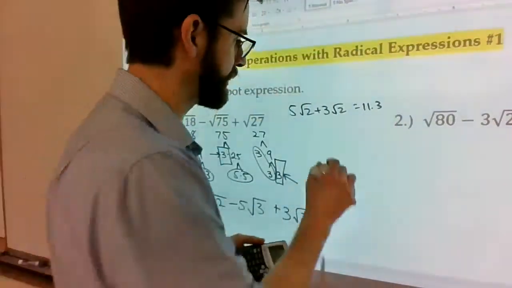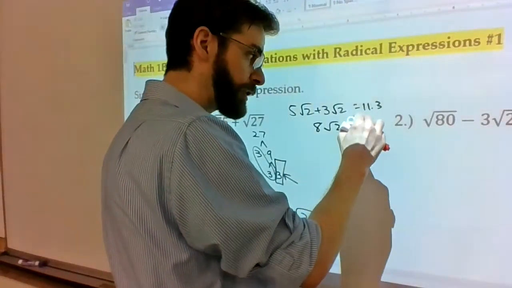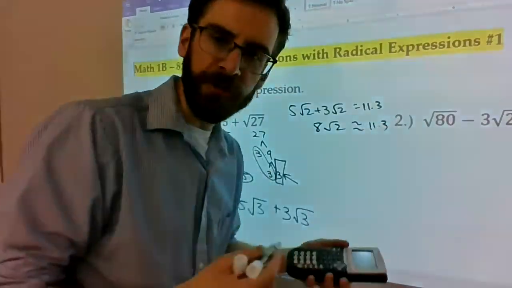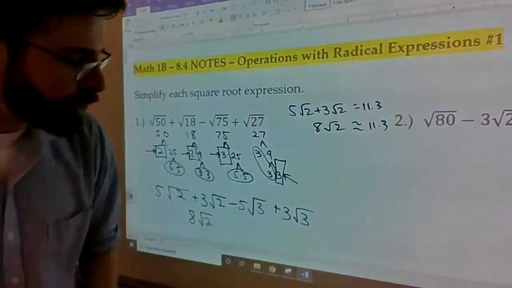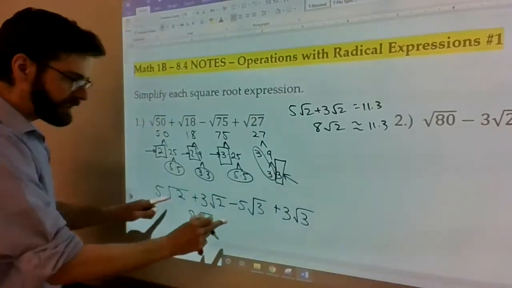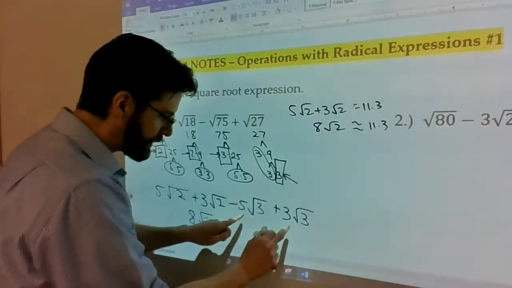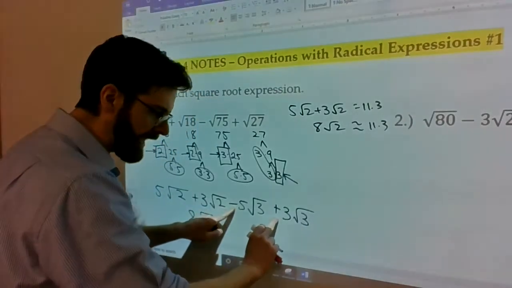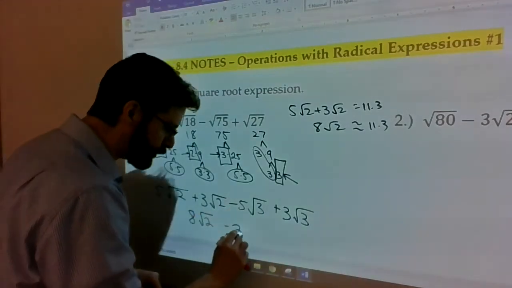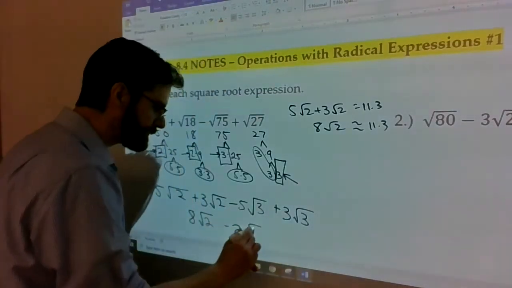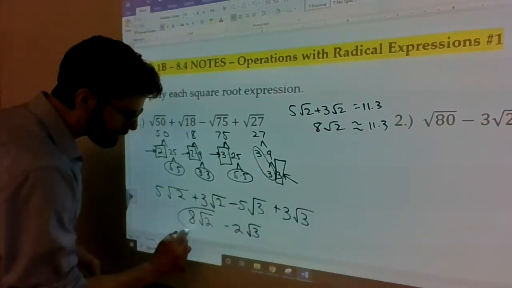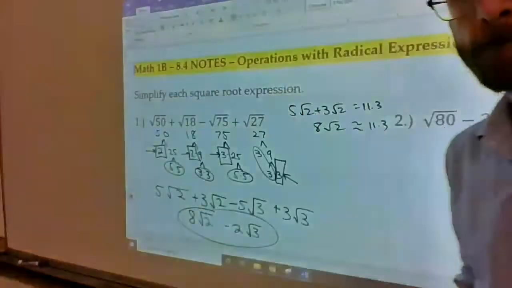Also 11.3. It works for this example, and it works for all other examples. So, you can proceed with confidence now. Same roots. You just take negative 5 plus 3 now, and you get negative 2 root 3. And that's your simplified answer.